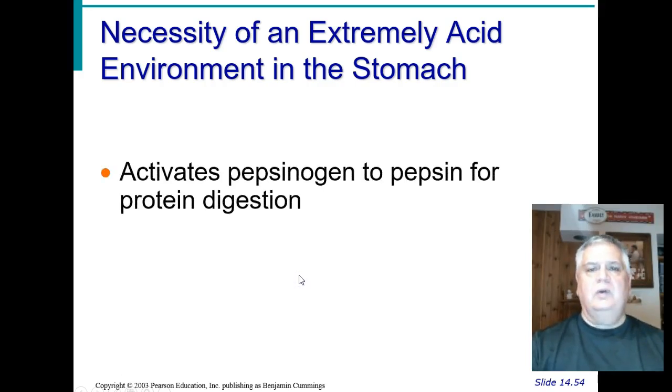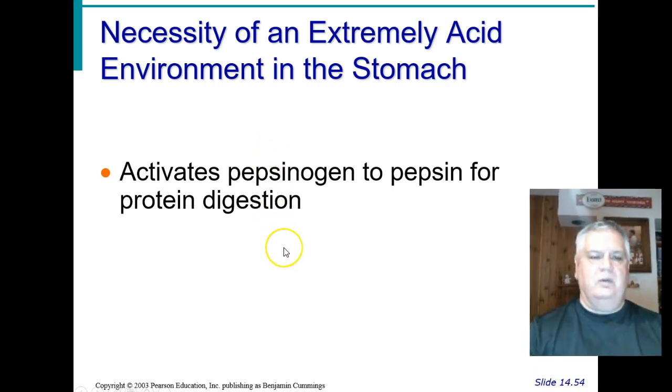Well, recall whenever we were looking at the specializations in the mucosa of the stomach that we talked about pepsinogen needing to be converted to pepsin, pepsinogen being the inactive form of pepsin. And it has to be activated to pepsin to begin the protein digestion in the stomach, which is where we want it to occur and not down in the glands or in the walls of the stomach itself.